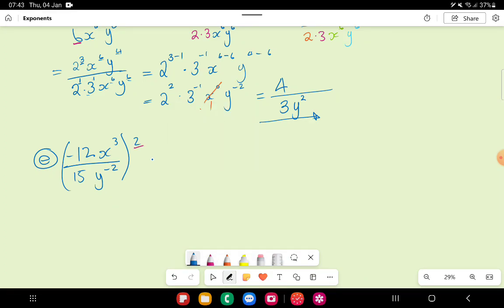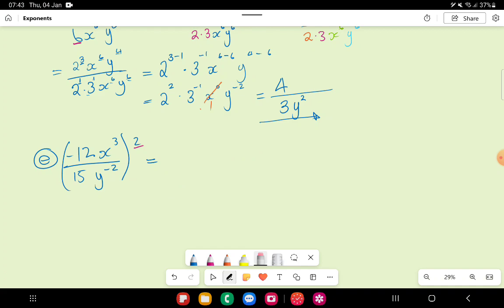That means everything inside is squared. Minus squared is plus, 12 squared x^(3 times 2) over 15 squared. Oh, I could have simplified. Hold on.